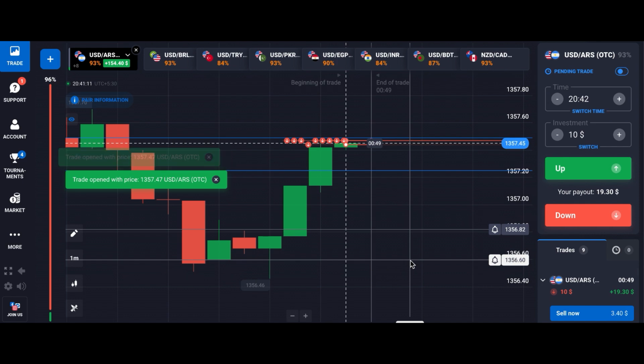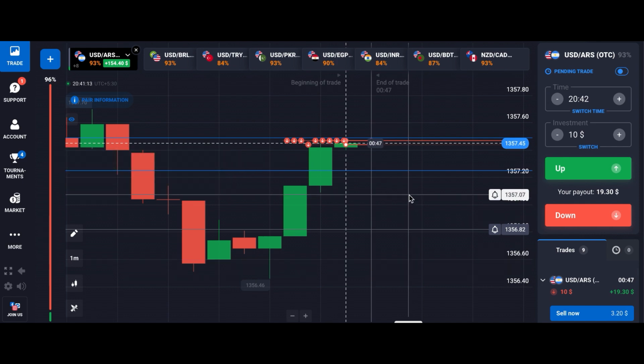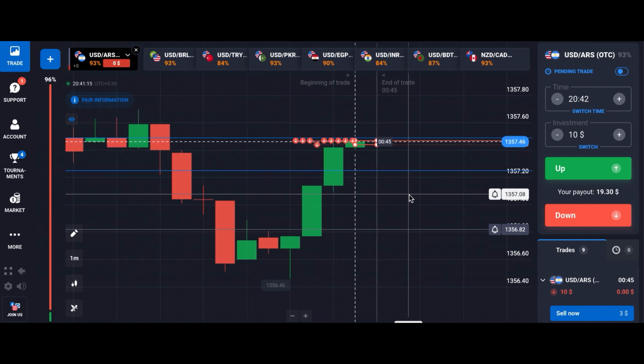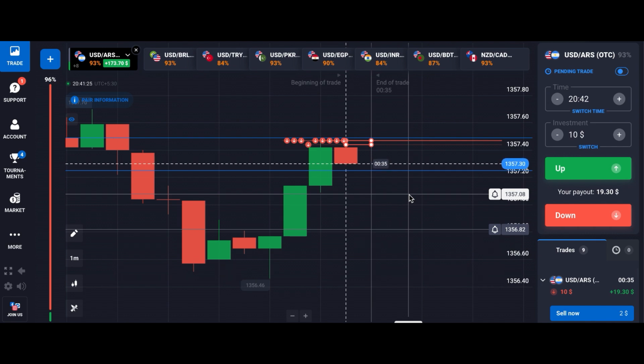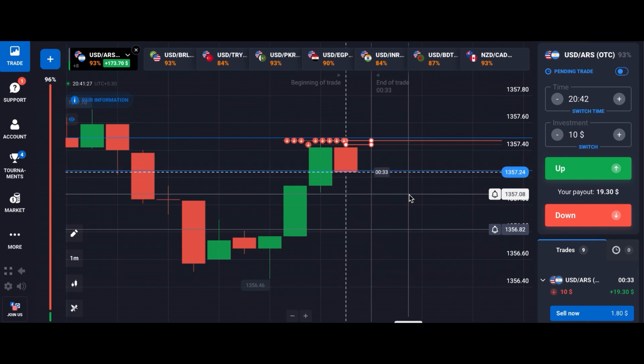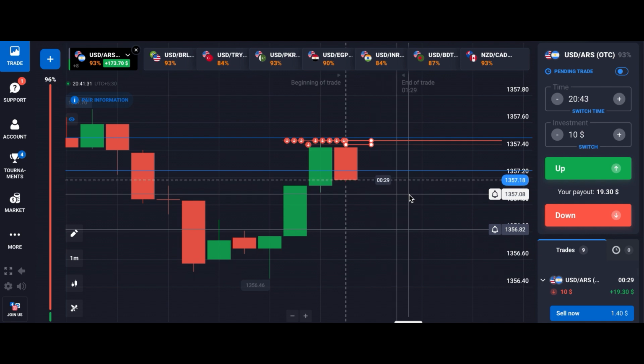So now we will recover our loss and also make some profit. That's what I did, that's what you do. That was an example for you people to understand that never ever take trades on running candles. Always wait for the closing of the candles and then execute your trades.